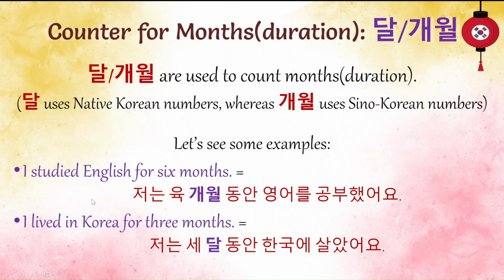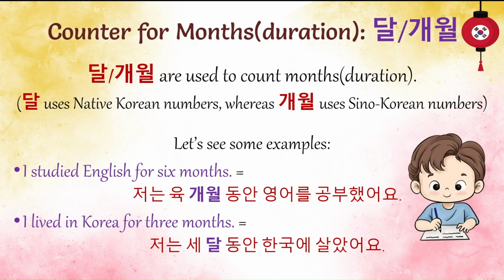So let's look at the example sentences to understand its usage. I studied English for 6 months. 저는 6개월 동안 영어를 공부했어요. I is 저는, English, 영어. To study, 공부하다, past tense, 공부했어요.